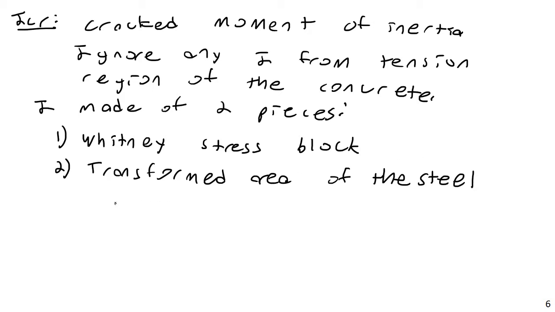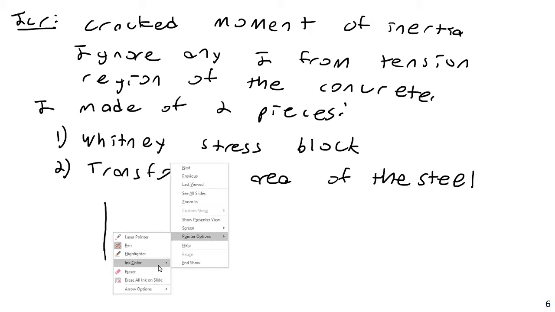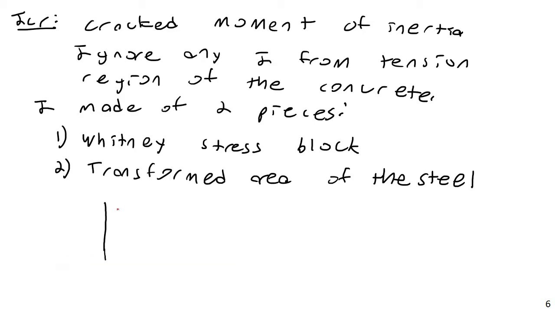So again, you'll end up with something like this, where if you had a stress distribution, something like this, you have your Whitney stress block with your 0.85 f'c down to a certain depth, and then maybe you have a point force of steel here, your T, which is equal to A_s f_y basically.